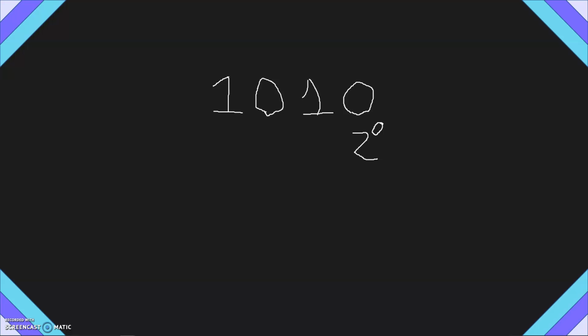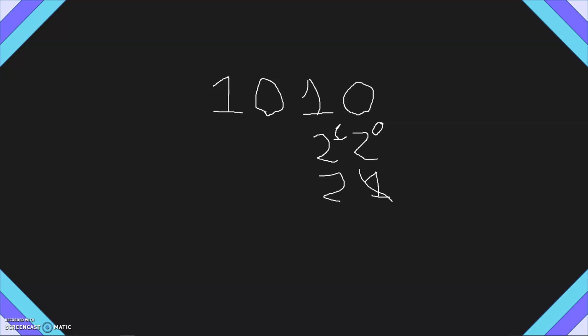If this number is a 0, then we just don't use this one. But here this number is a 1, and we're just going to keep increasing the exponents. Here it would be 2 to the power 1, and that would be 2.